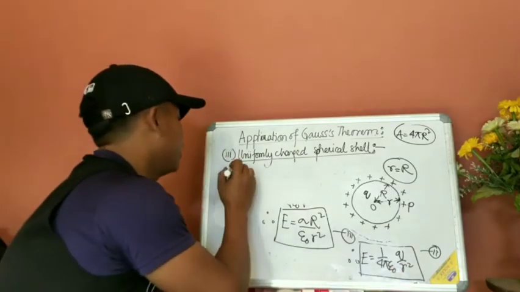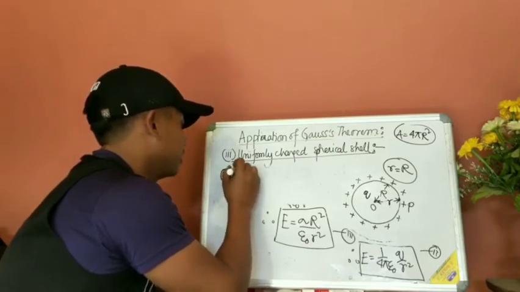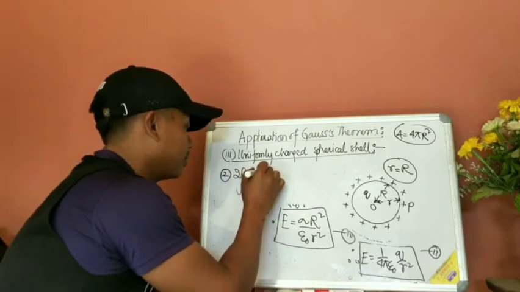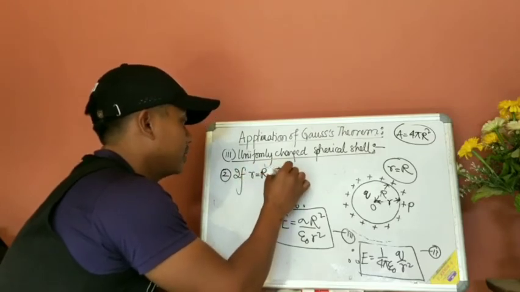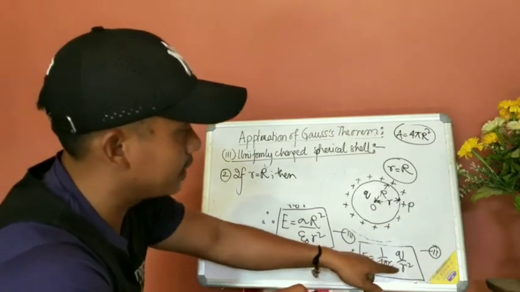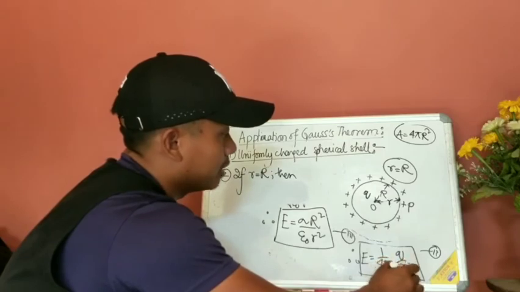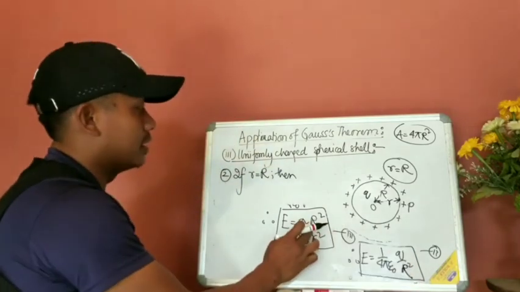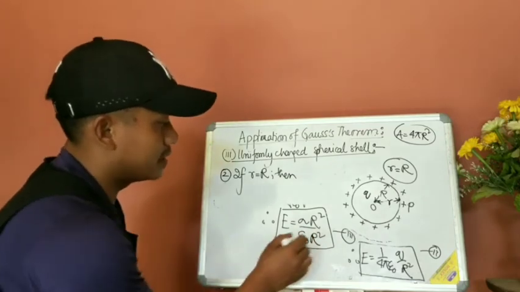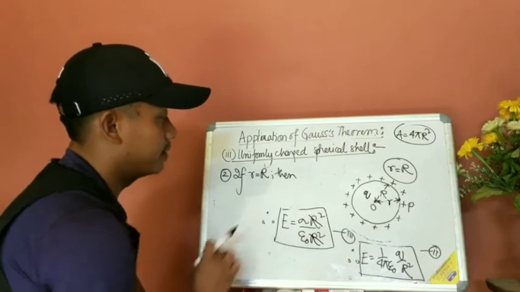When the point P lies on the surface, r equal to capital R, then the electric field will have capital R square, and small r and capital R being equal, they cancel out, leaving sigma by epsilon naught.